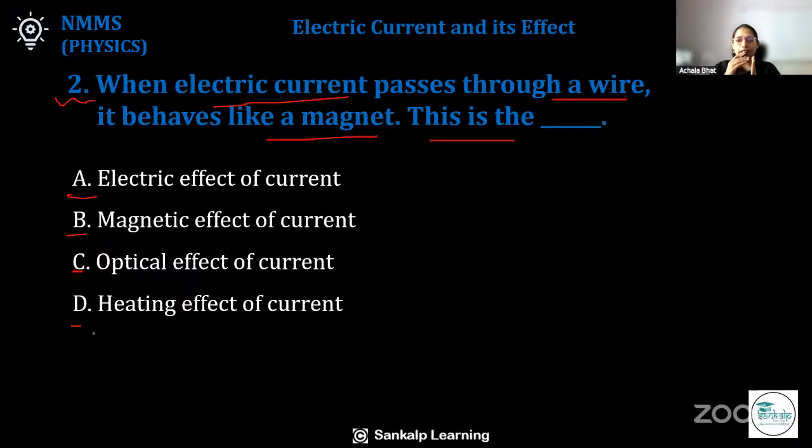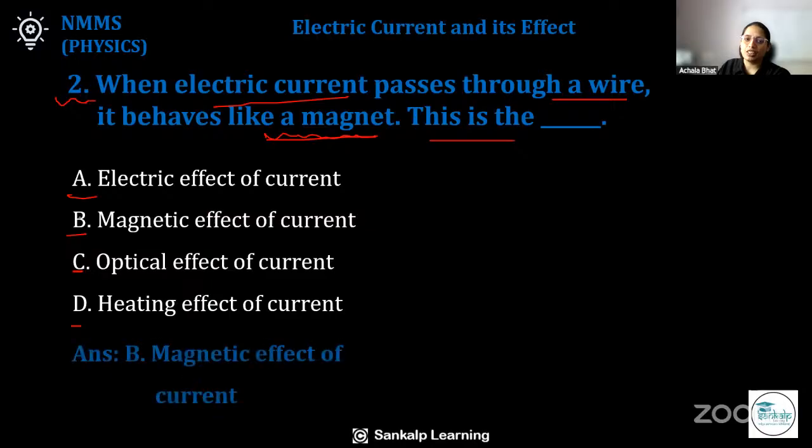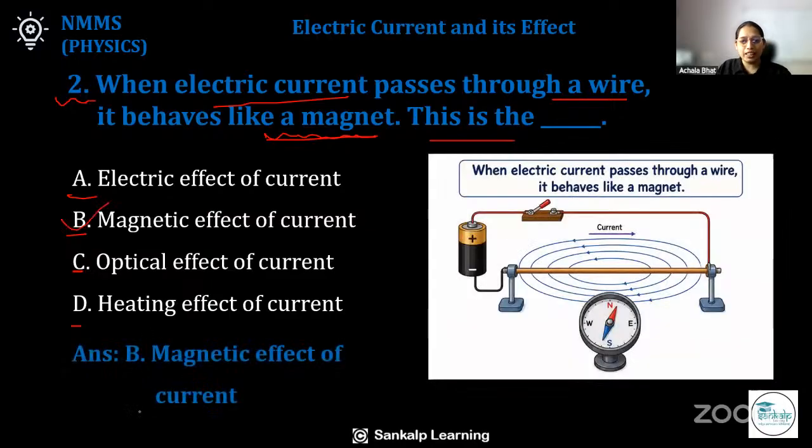The question itself suggests the answer. So it is option B, magnetic effect of current.